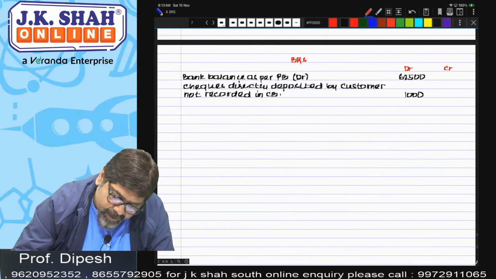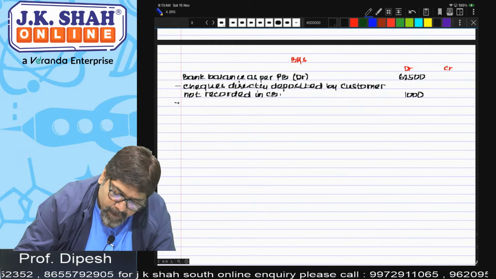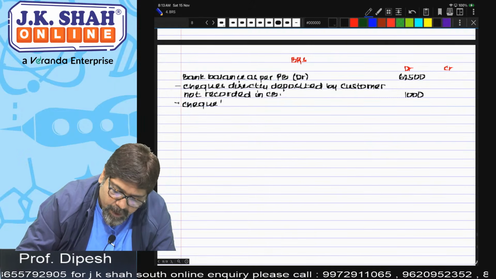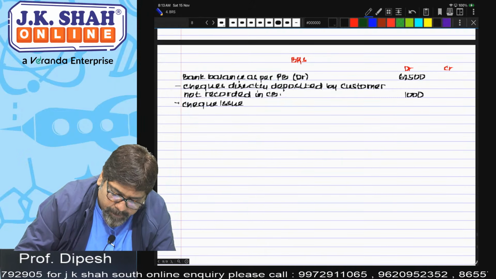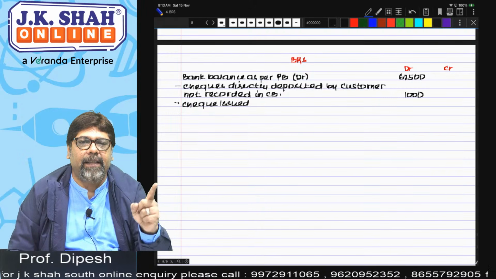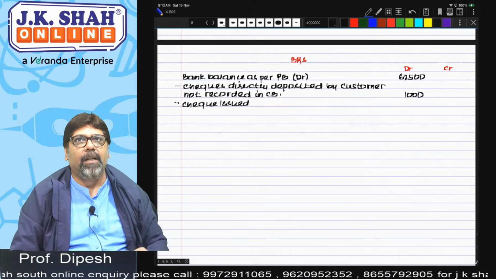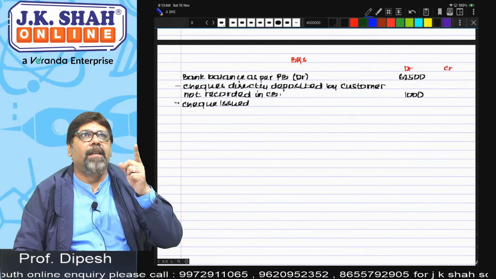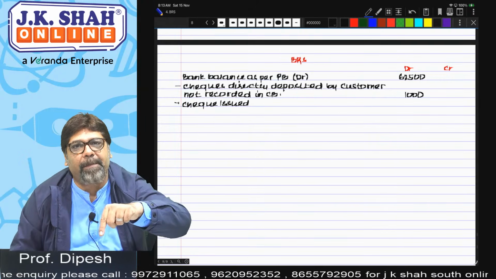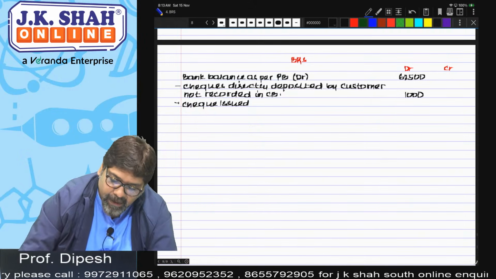First, let me write checks issued but not presented. Not presented means not recorded in the cash book or not recorded in the passbook? Not presented means it was not presented in the bank. If it was not presented in the bank, that means it is not recorded in the passbook. Wonderful.